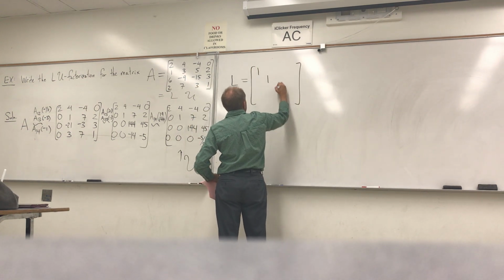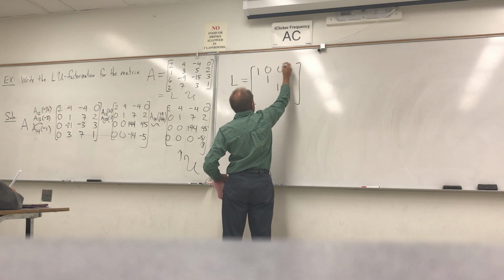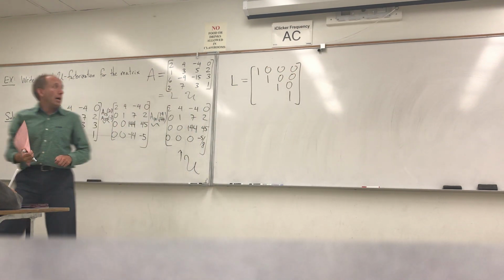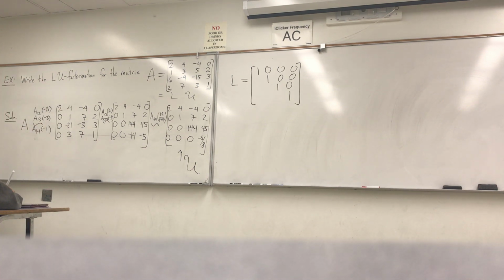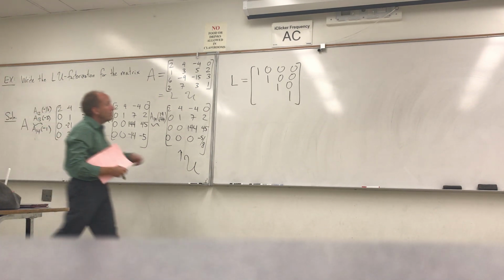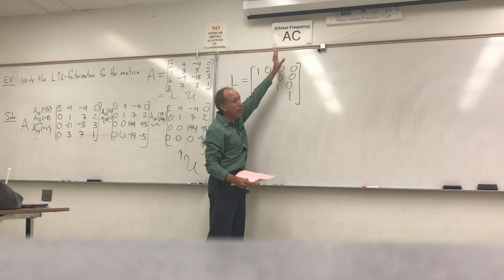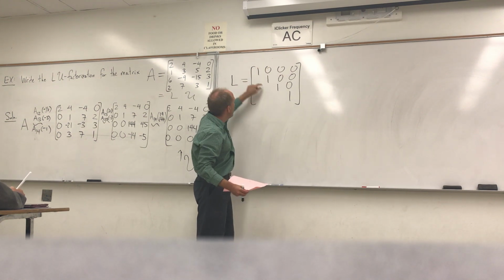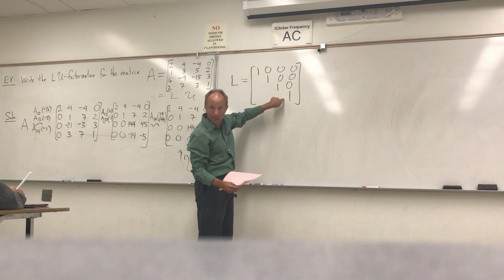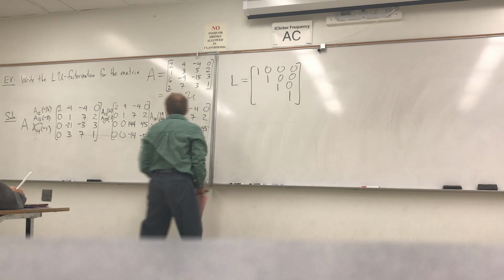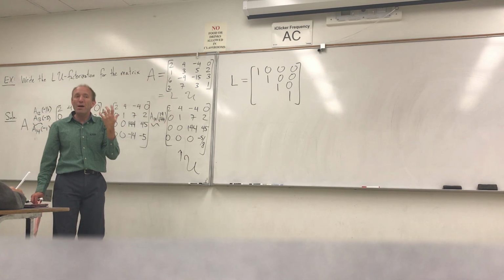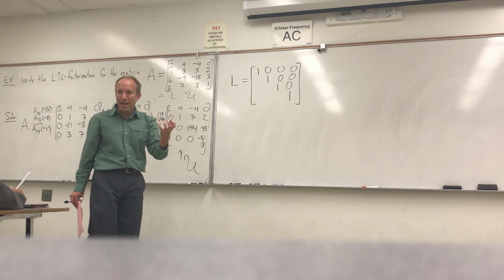The one thing about this matrix is it will actually be unit lower triangular, so I can already fill in half of the matrix like that. It's going to have ones on the main diagonal, zeros above the diagonal, and the lower triangular entries are down here. And there are 1, 2, 3, 4, 5, 6 more entries to put in. And notice that there are 1, 2, 3, 4, 5, 6 numbers that we have used as multipliers.